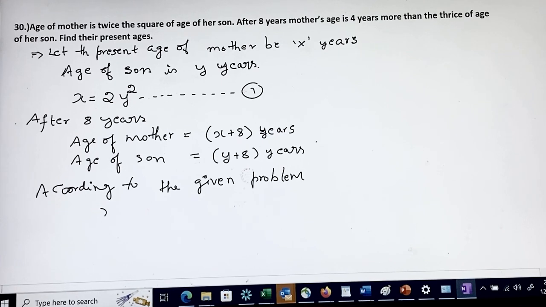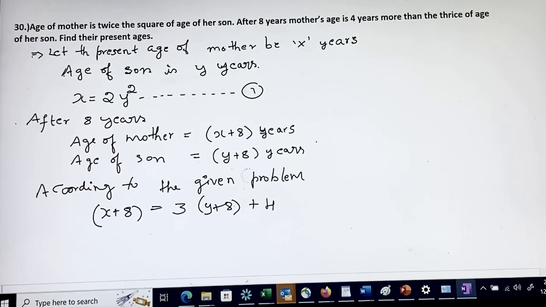So x plus 8 is mother's age after 8 years, and this is 4 years more than thrice the age of her son. What is the age of her son? y plus 8. Thrice the age of son and 4 years more, so I'll add 4 here. So this is how we represent whatever they have given in the question in equation form.